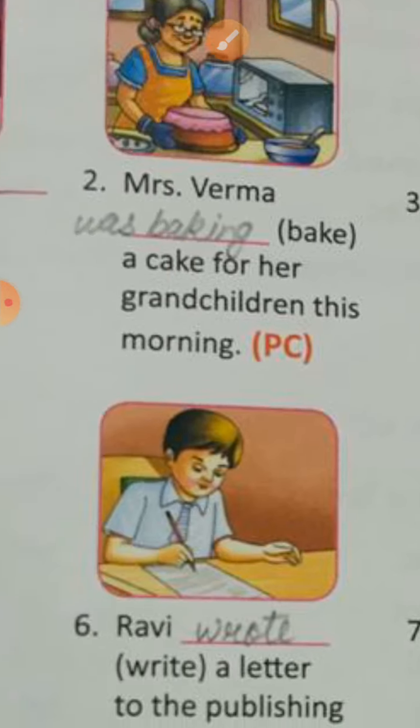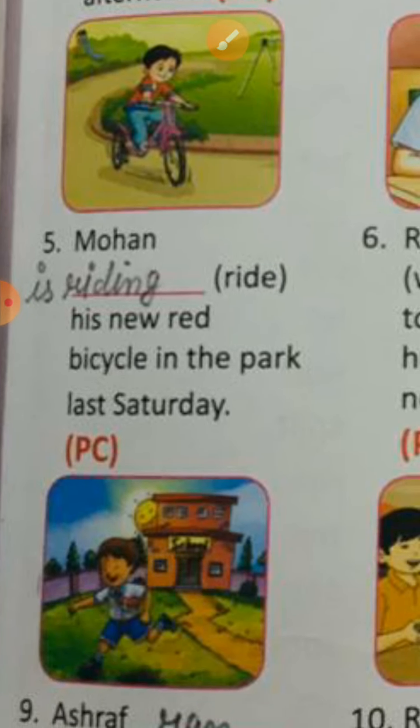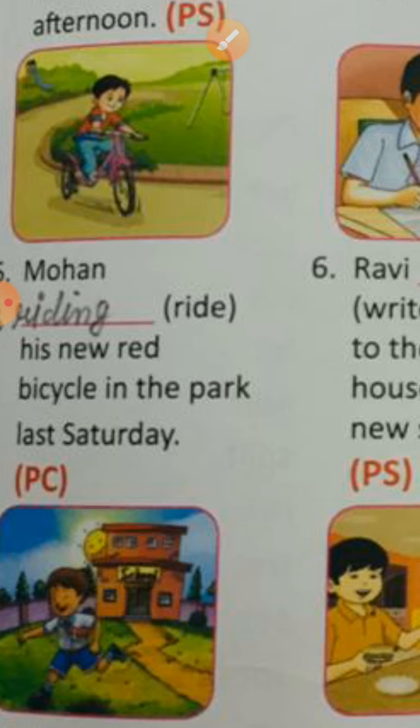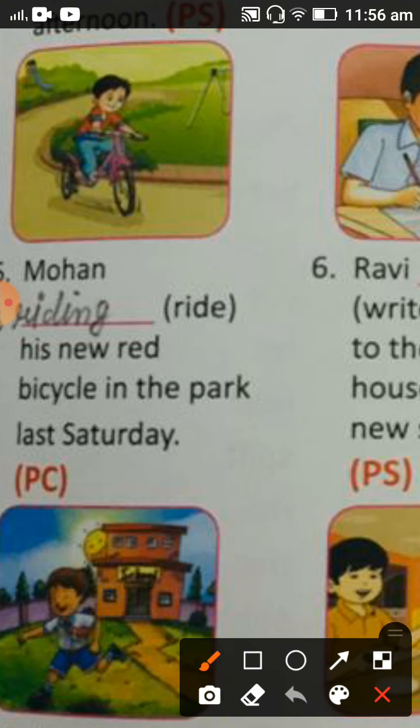Okay. Next one is Mohan dash his new red bicycle in the park last Saturday. So here we will put Mohan was, past continuous.